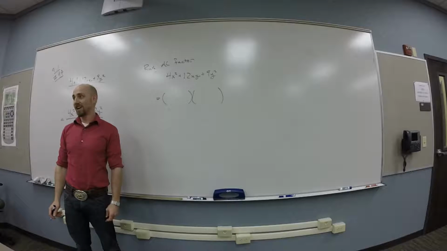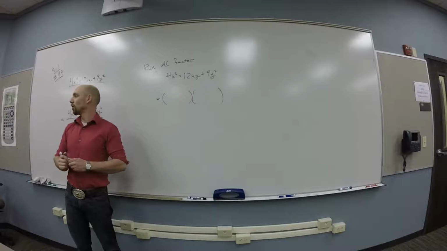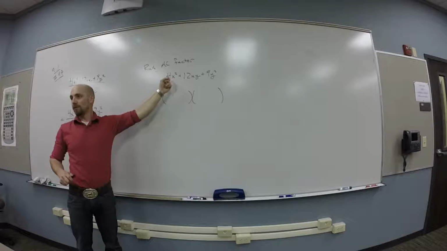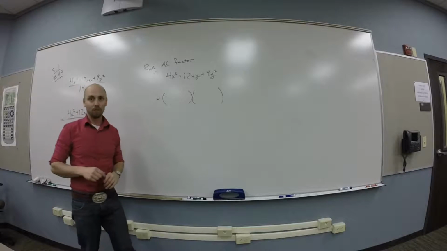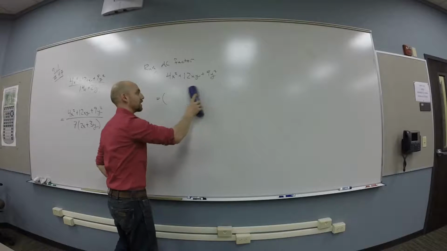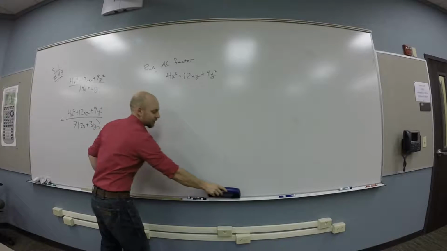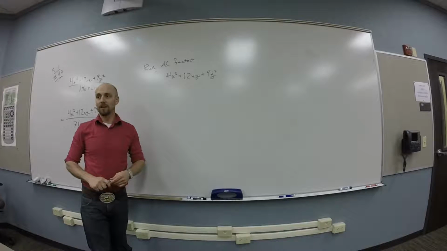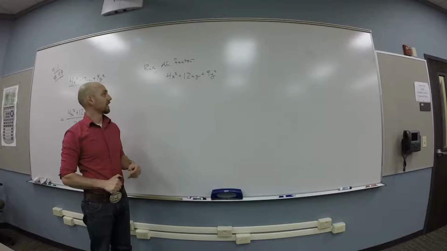Don't start here. This method works really well for when A is 1. When A isn't 1, you want to do something just a touch more complicated. So let's not start with these. Let's start with A times C. So what's AC in this case?